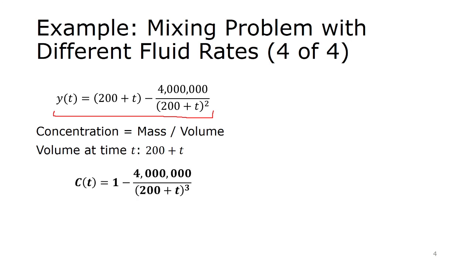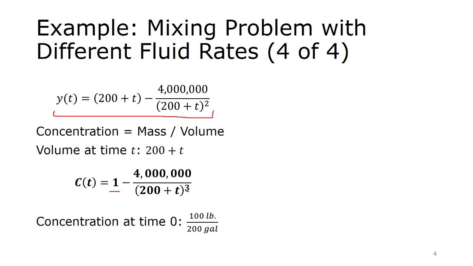On the first term there, we get just a 1 left over when we divide. For the next term, we'll just increase the power in the denominator by 1. So this concentration function does represent the correct concentration of salt in the tank as a function of time. Just as a kind of double check, remember at time 0, that should be 100 pounds per the 200 gallons that we started with. And that does work out correctly if you try to compute that.